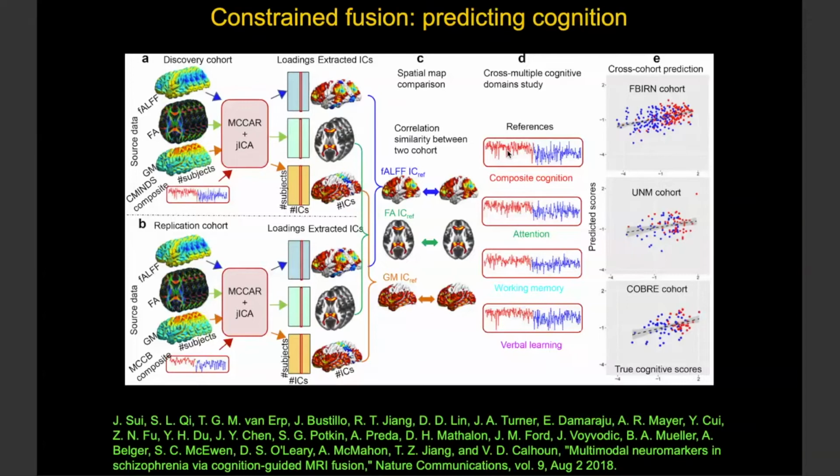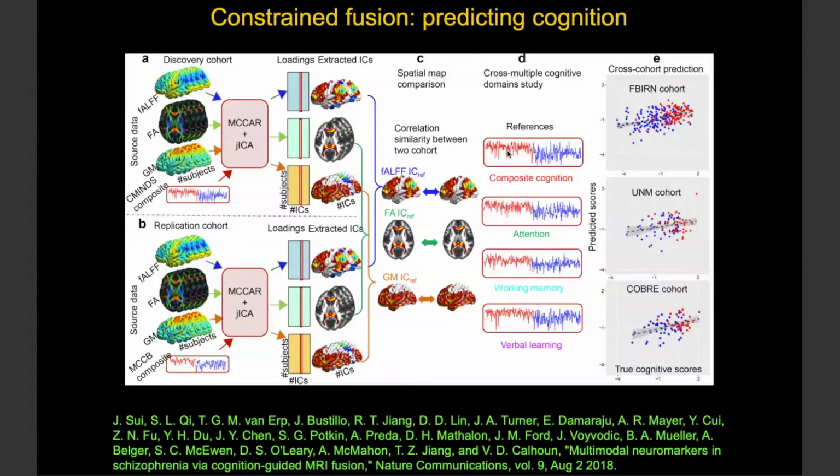And then we looked at the degree to which we could take the resulting loading parameters from this and predict other domains of cognition in independent cohorts of data. So here you can see some of those results. We've got an FBIRN data set, a UNM data set, another COBRE data set.